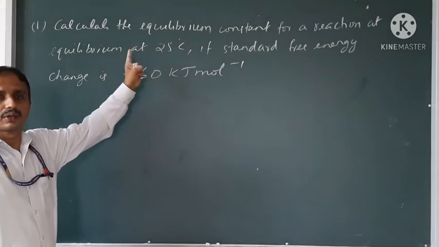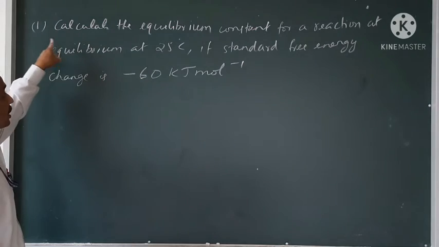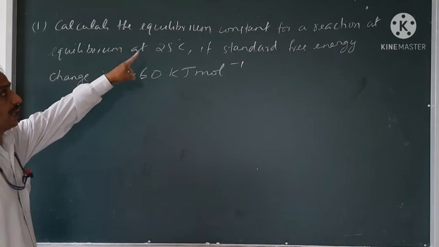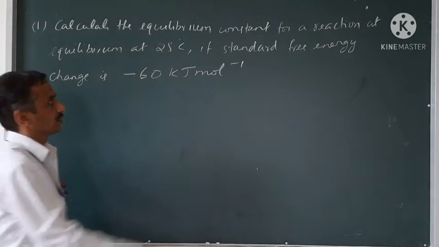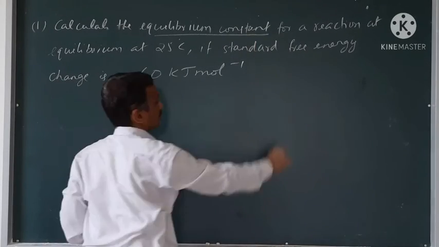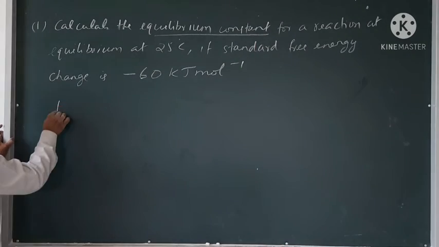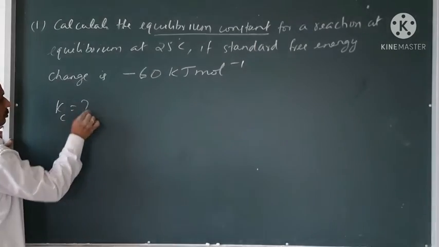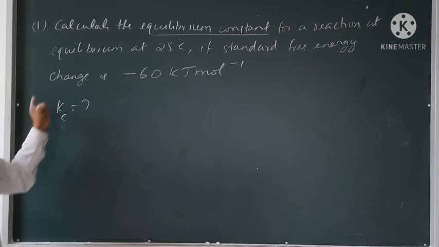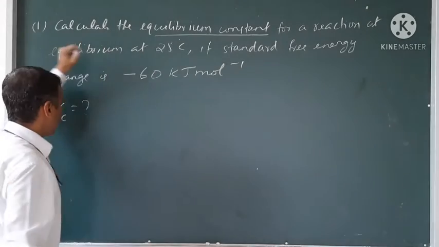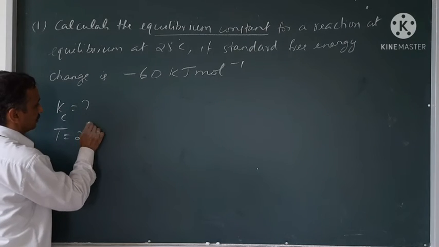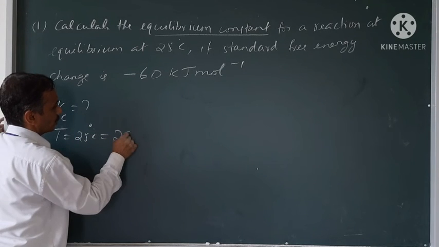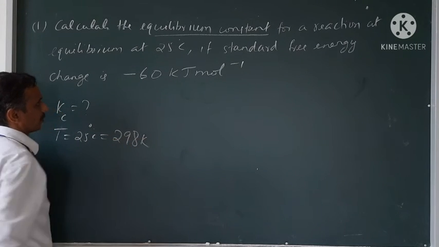Now, note down this problem. Calculate the equilibrium constant for a reaction at equilibrium at 25 degrees Celsius. Equilibrium constant means I have to calculate the Kc value for a reaction at 25 degrees Celsius. T is given as 25 degrees Celsius, which should be converted to the Kelvin scale, which is 298 Kelvin.